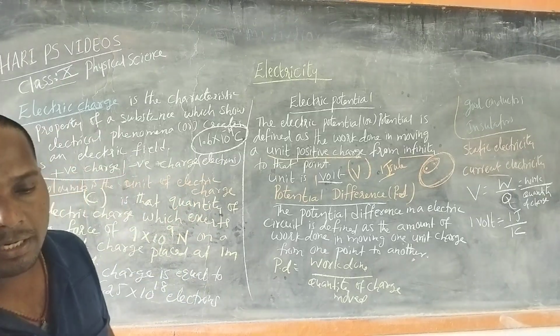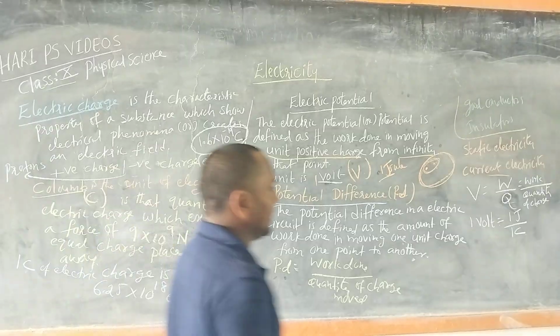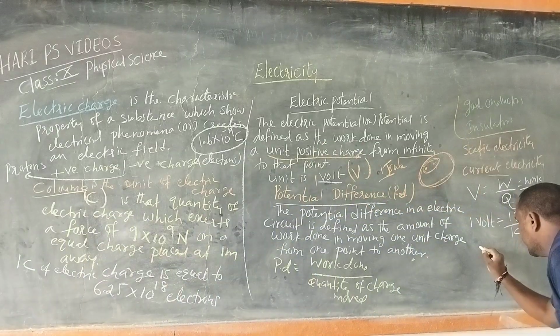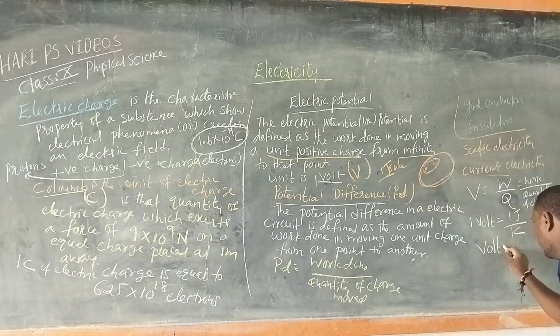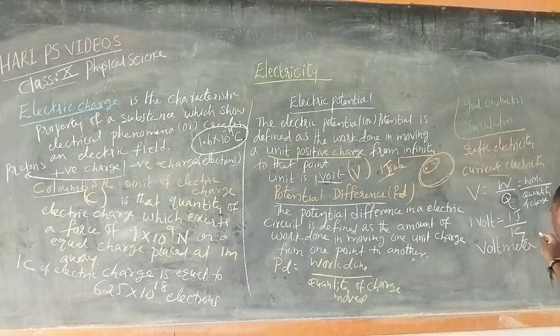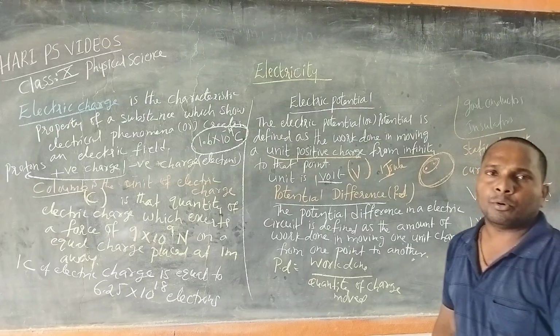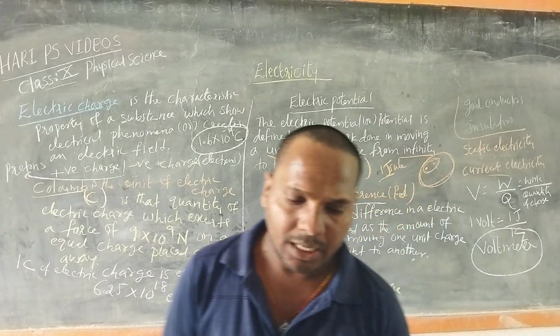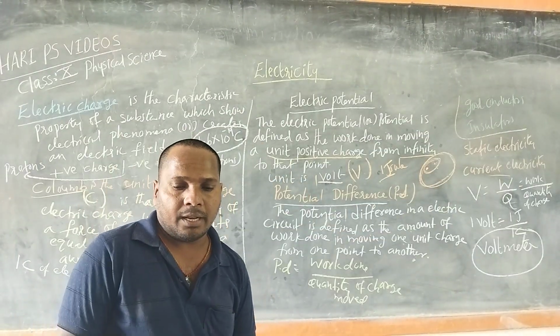The potential difference is measured by using a device called a voltmeter. Voltmeter is a device used to measure the potential difference in an electric circuit.